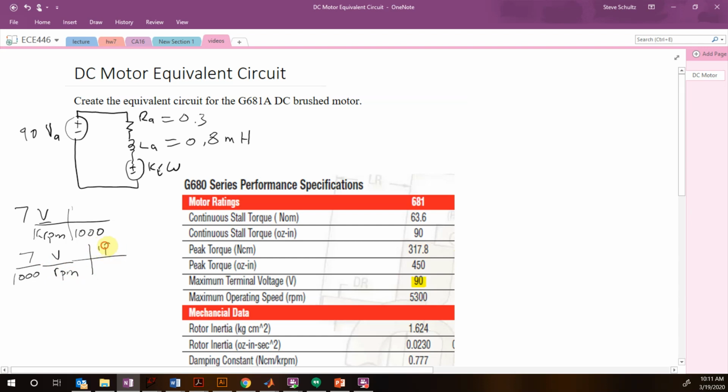So 1 RPM is 2 pi over 60 radians per second. So we plug all those numbers in, and we have 7 divided by 1,000 times 60 divided by 2 pi. So this has a KE equal to 0.0668.